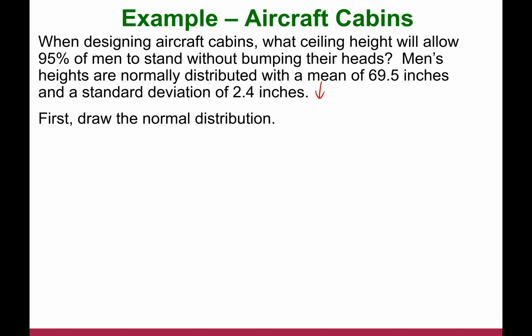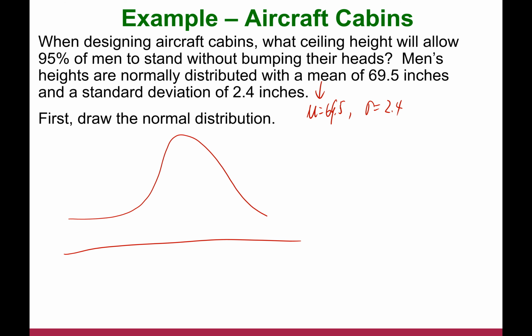So here mu is given equal to 69.5 and standard deviation equal to 2.4. Now, first of all, you draw the bell curve. You try to separate the bottom 95% from top 5%. Total is 100%. So according to that, let's find the z-score here.